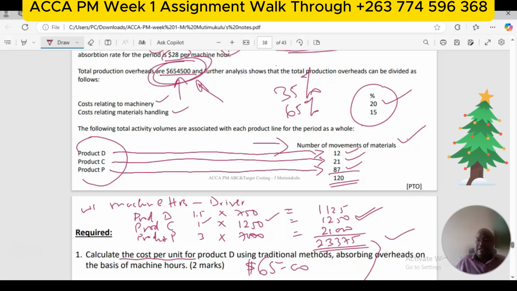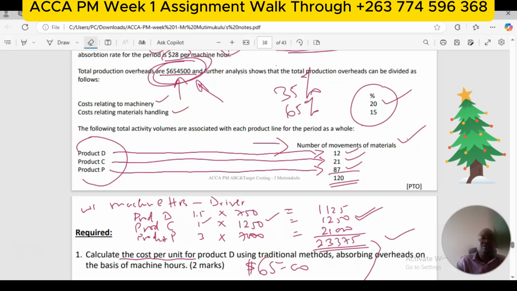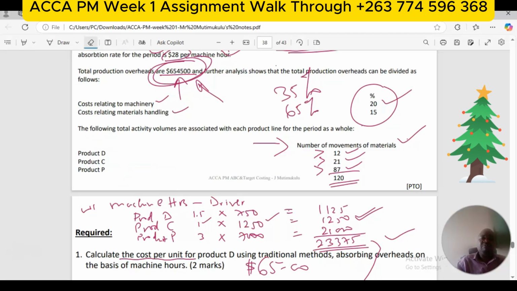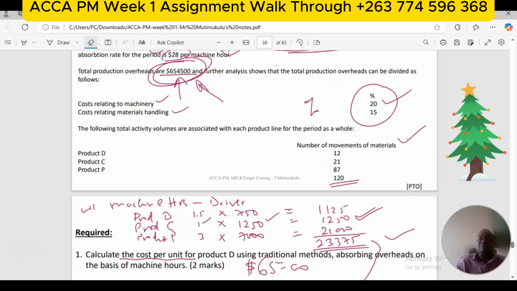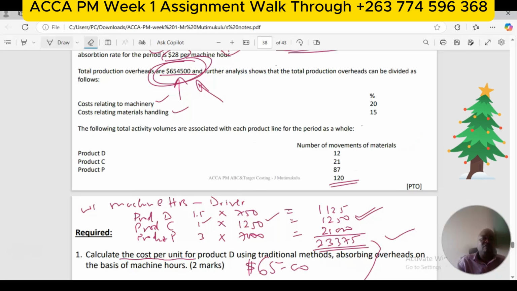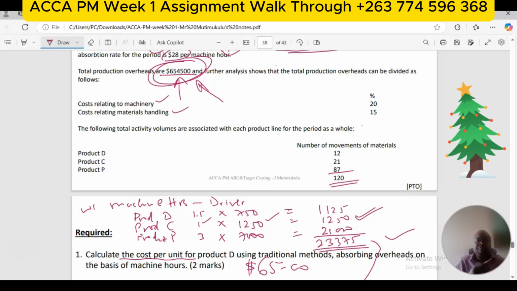That is done. Now, let me rub off this so that I get some space to compute this last part, the third part of the question. This is the total. We need that total.